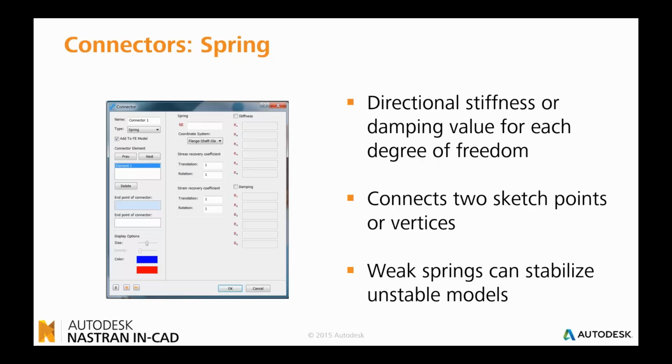And a rather unique way of using springs is to help you stabilize models. So if you've got models that aren't stabilized, you're not restricting sufficient degrees of freedom for one reason or another, you can define weak springs to help you stabilize the model and restrict the movement of components.